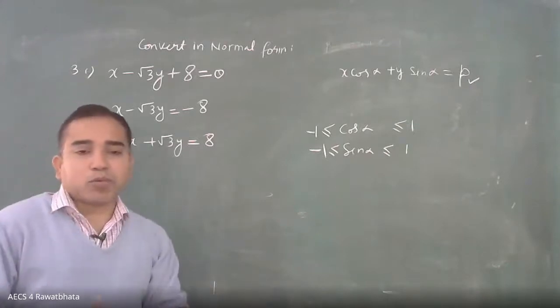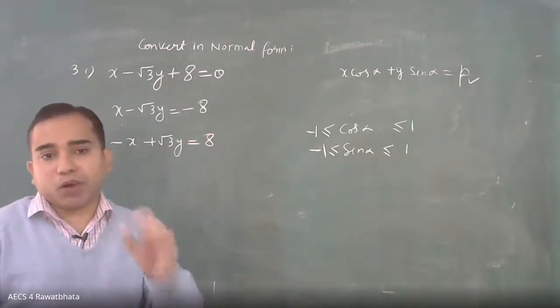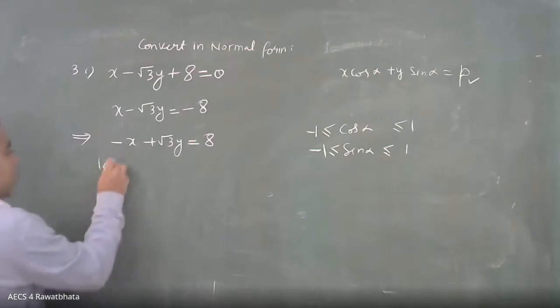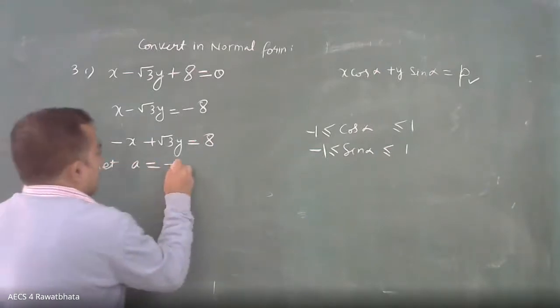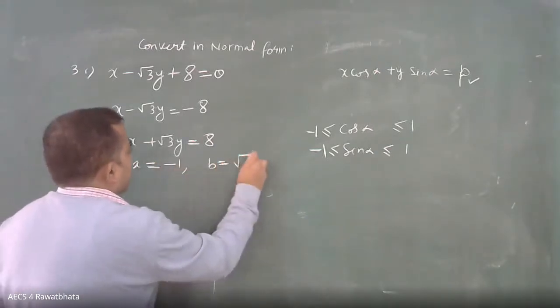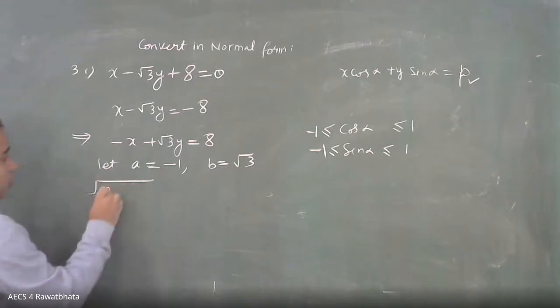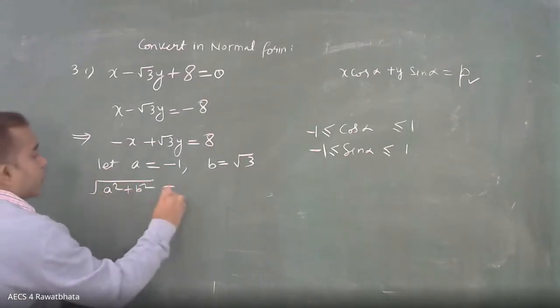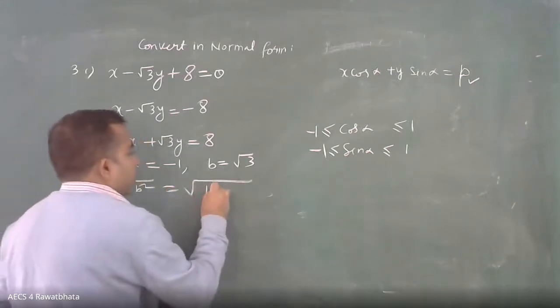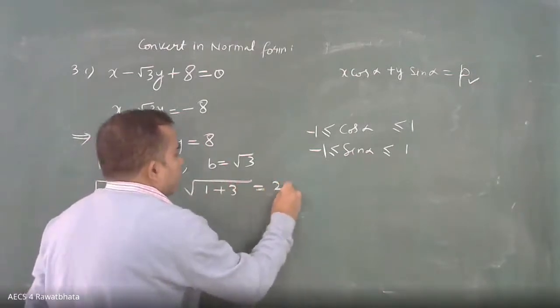तो इन दोनों प्रॉब्लम को सॉल्व करने का एक तरीका ये है कि what you do, let x multiplier you declare as a and y multiplier you declare as b. Now divide throughout with root of a square plus b square. You find out first this value, root of a square plus b square. This is going to be root of 1 plus 3, root 4, which is 2.